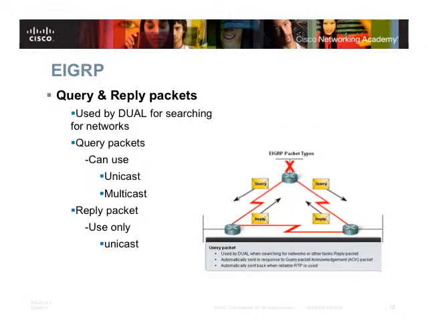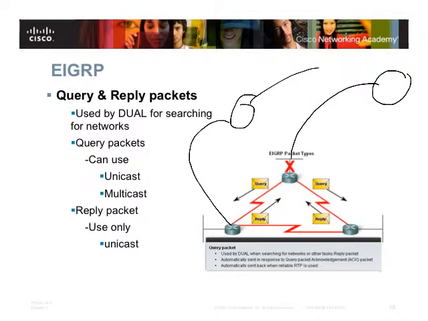But after that, this router still wants to send messages to this network. So maybe this network is connected through another router. Right? And this router is connected with a router that's connected to here. Okay? So it may happen that this router will send a query.